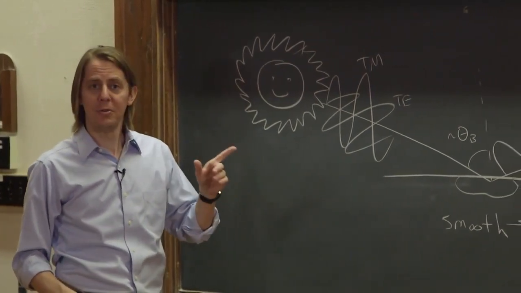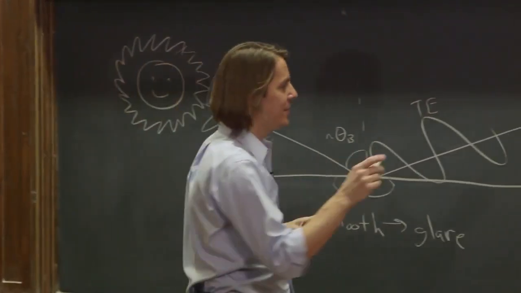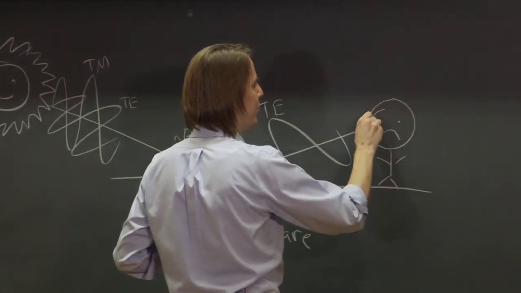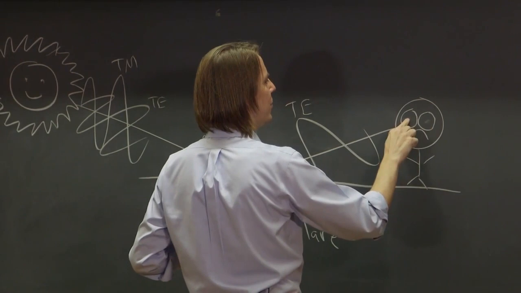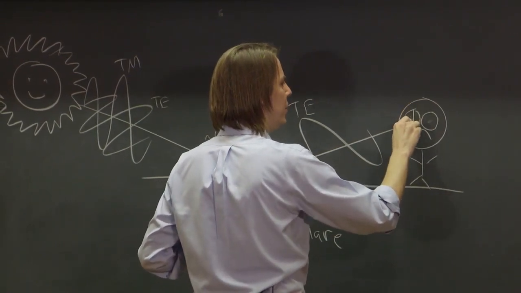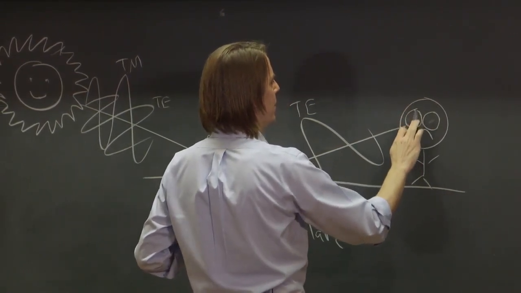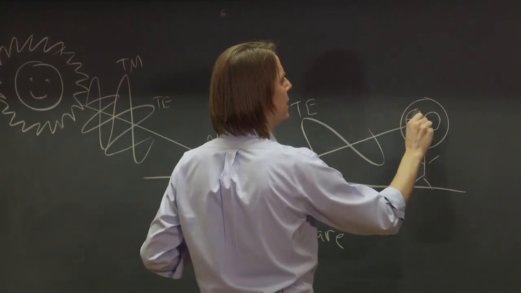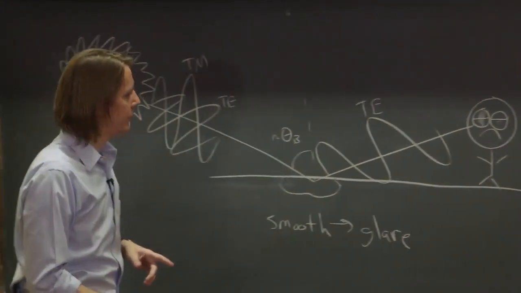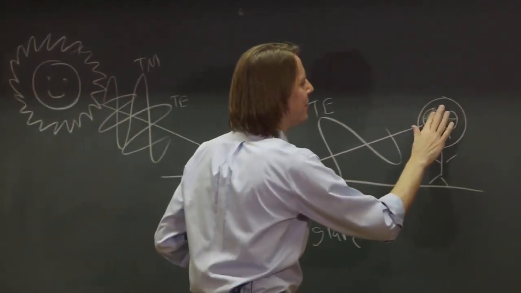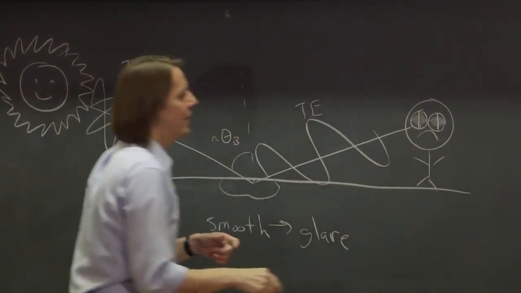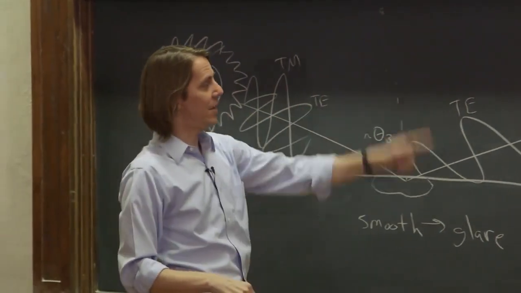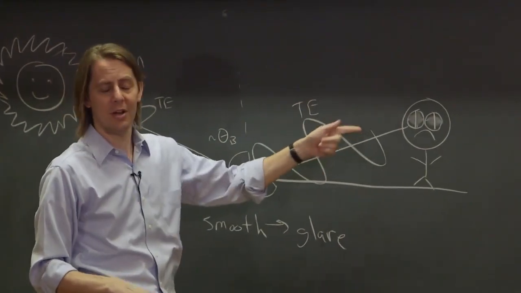But now, here comes the important thing that we can do. This is why sunglasses are often polarized. You can wear sunglasses, and you can get sunglasses that are designed so that they only pass TM, right? So their polarization axis is like this. They only pass light oscillating this way, not light oscillating that way.